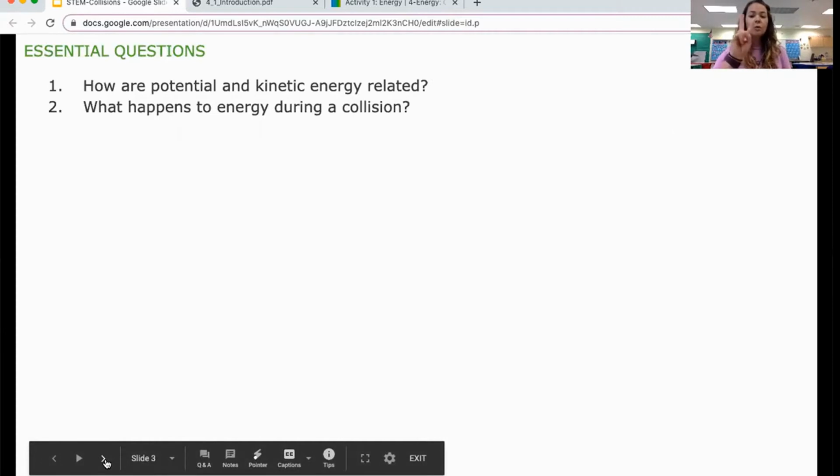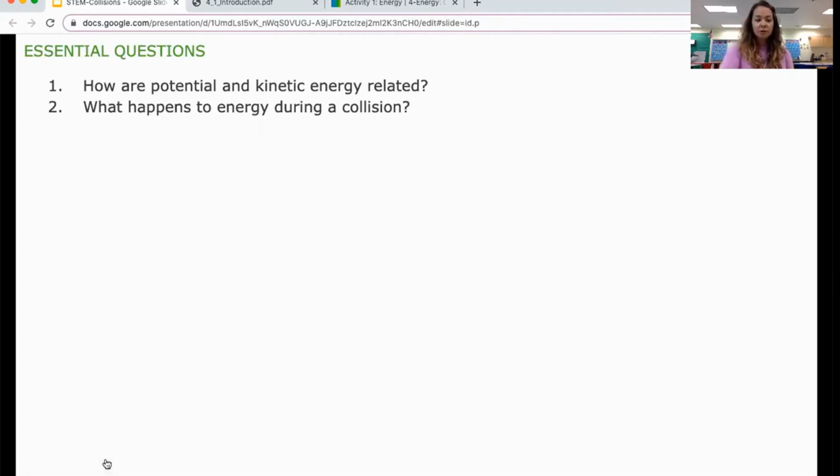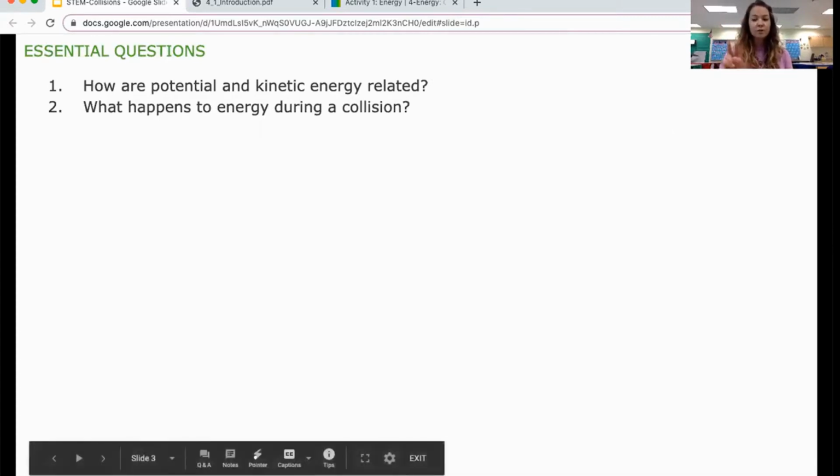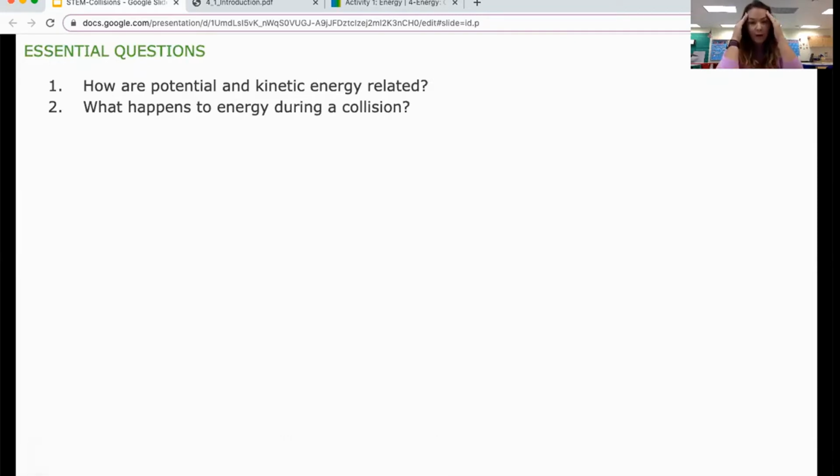And just like our two learning objectives, there are two questions that are going to be essential for you to always have right in the forefront of your mind while we work together in STEM class. The first one is, how are potential and kinetic energy related? And you might be thinking to yourself, I don't even know what those two things mean. That's okay. We're going to get there, but I want you to always be thinking, how are potential and kinetic energy related?